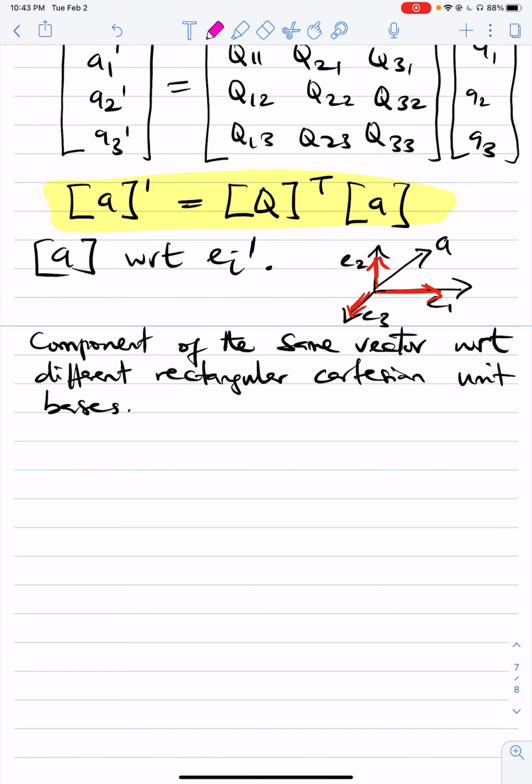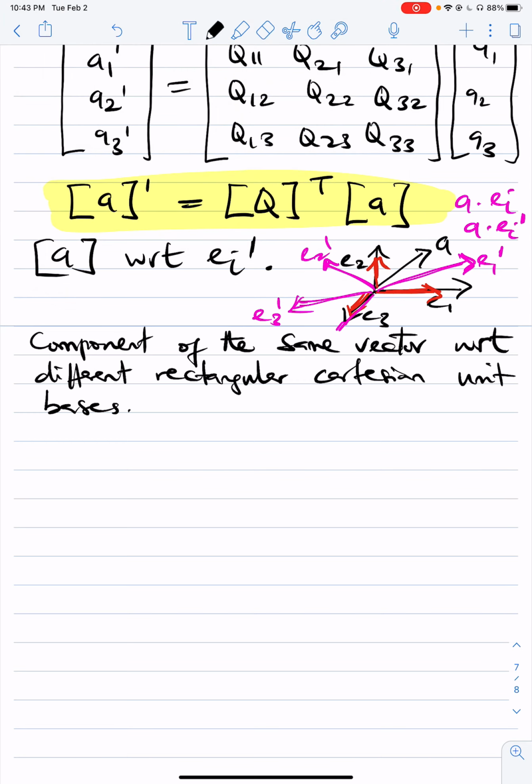Then if you have a different coordinate system, let's say E1 is rotated to E1 prime, E2 prime, E3 prime, you can also express A with respect to these. A itself does not change, right? But the transformed components change, because A dot E prime is different from A dot E. They are both different expressions.